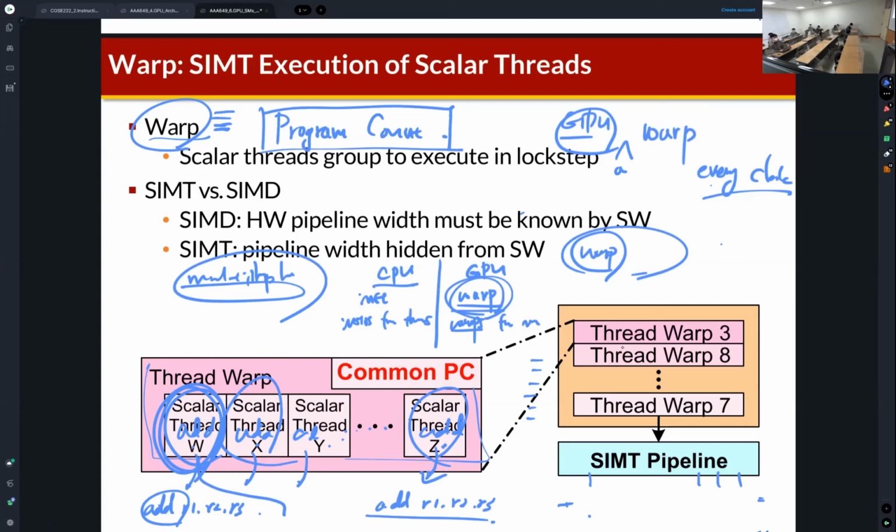If you look at homework assignment number 1, you are asked to get information like the maximum number of warps per SM.